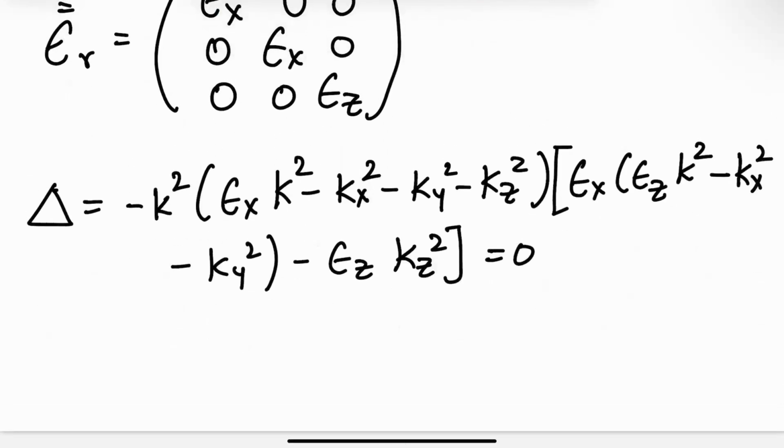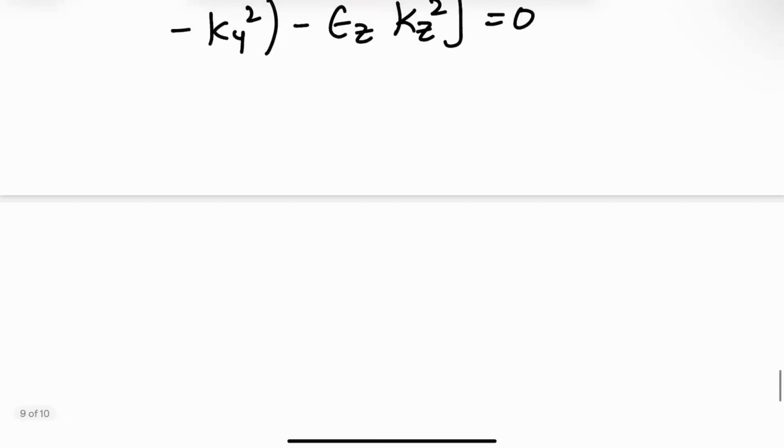So for this to be true, this has to be 0 and this has to be 0, right? So we can write two equations, two different solutions basically. I'll write it in a new page.